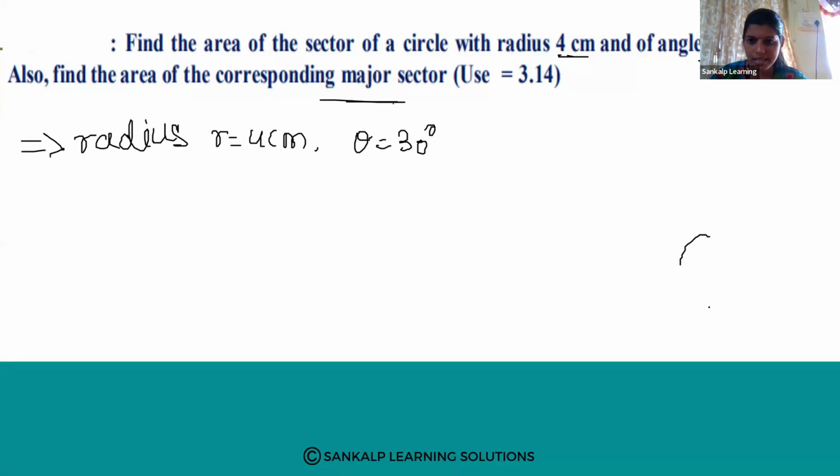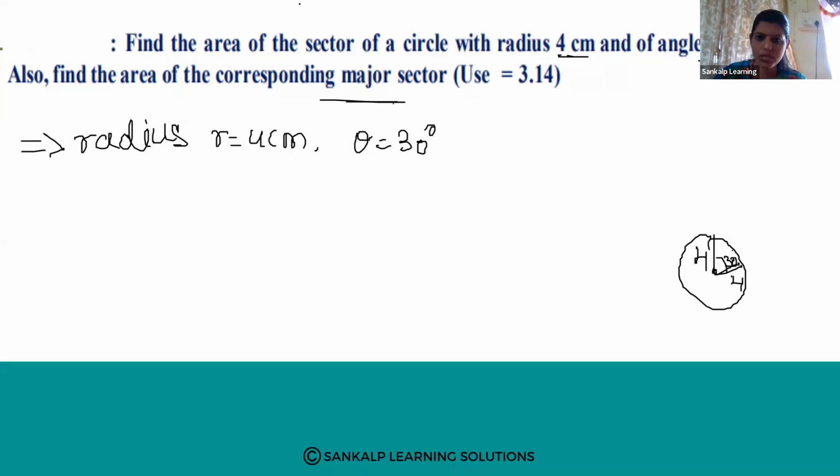So this is the circle, these are two radii, and this is angle theta. The radius is 4 centimeter and angle theta is 30 degrees. We have to find the area of the corresponding major sector.